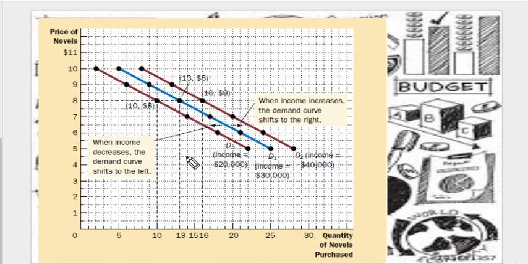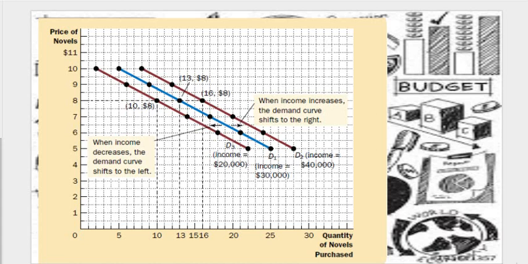My point is that there might be hundreds of reasons why the demand curve is shifting rightwards. For example, price of novels and quantity of novels purchased. Now I may say something that cannot be quantified. Maybe there is an education drive in the nation where people are promoting reading: you should read more.